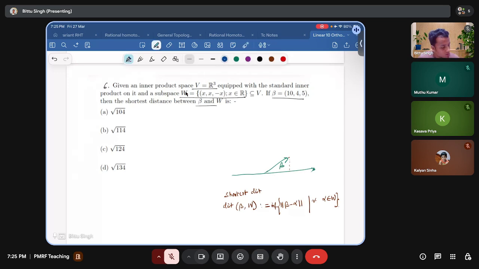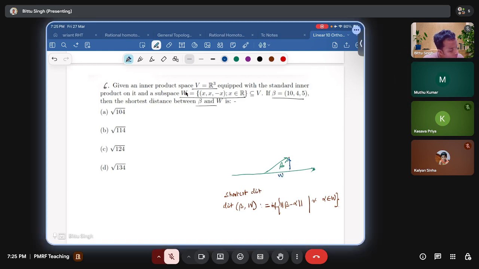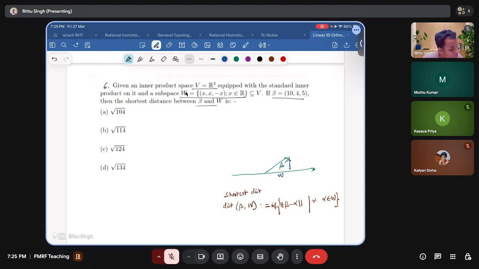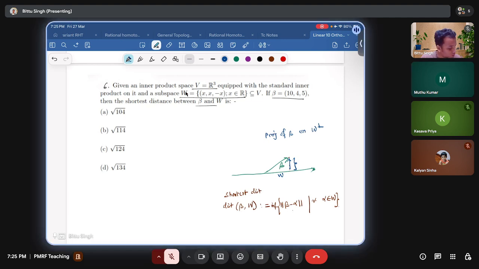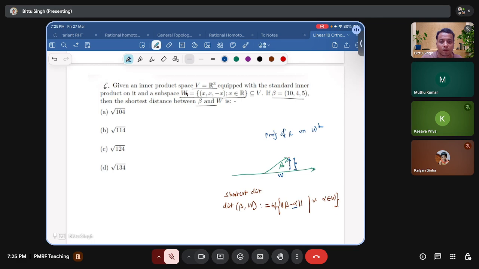From geometry it is easy to see that if this is the subspace W, and we choose the projection of beta on W, then that should give me the correct choice of alpha for which the infimum will be attained.